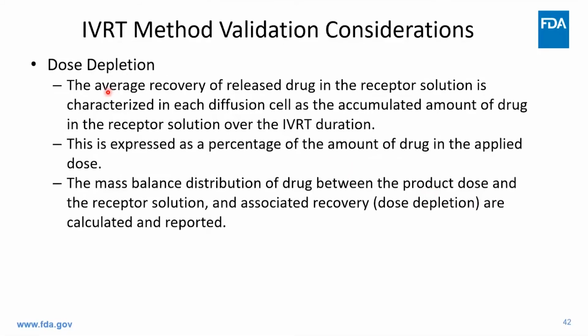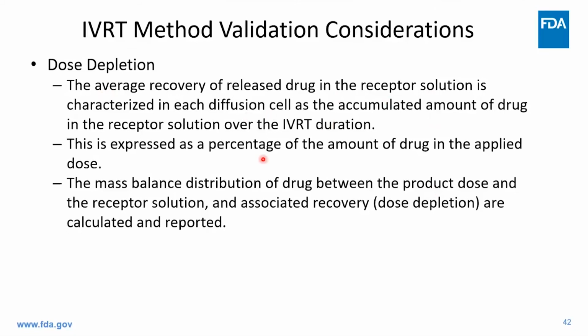And then dose depletion is calculated. You do this in a very simple way. The average recovery of the released drug in the receptor solution is characterized in each diffusion cell as the accumulated amount of drug in the receptor solution over the IVRT study duration. So cumulatively, how much was released.